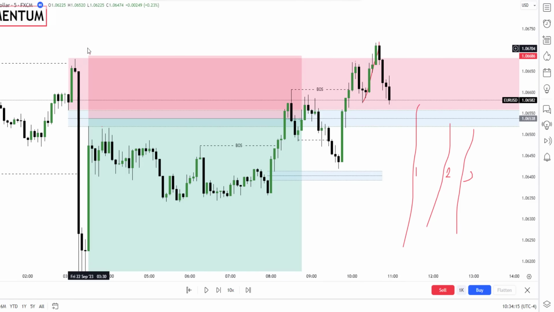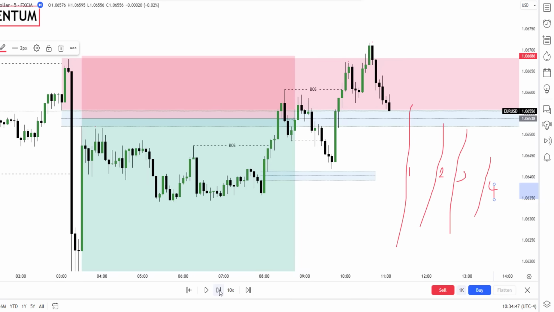Price pushed above this one, and then we have that fourth momentum. It is at this point that you will see price shift market structure. Until you see price shift market structure, the order block will not reject price and will not help you push price down, because the lower time frame is still in control.